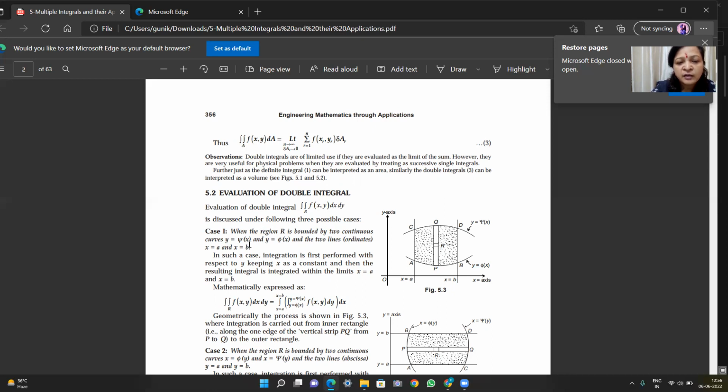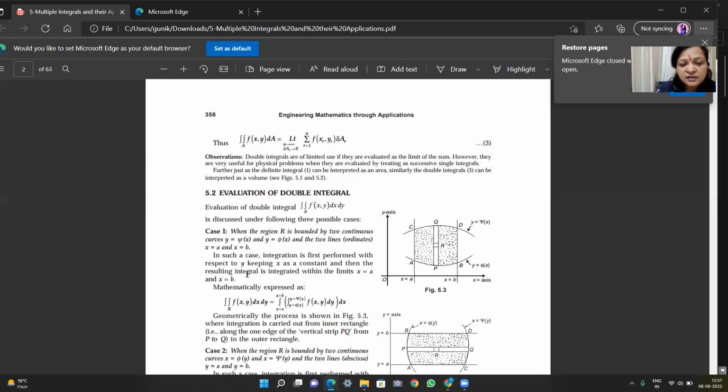In that case, we keep x constant, and then we solve the integral and put the limit of y in terms of x. Then we get the value of the integral having only variable x. Next, we integrate with respect to x and put the limit of x from x equal to a to x equal to b.